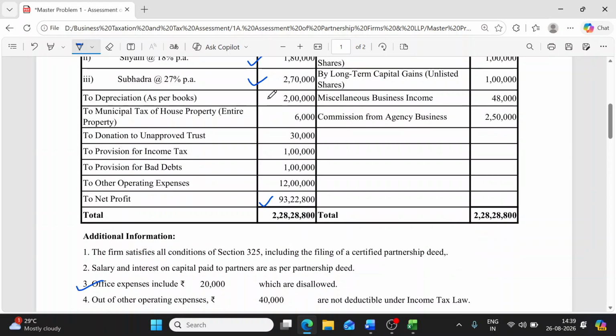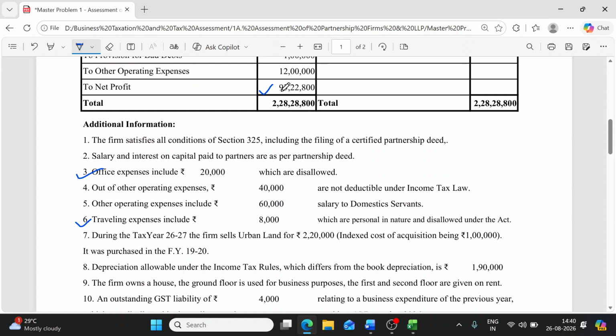So in the profit and loss account, depreciation deduction is taken for a value of rupees 2 lakhs, but I think there is an adjustment. The adjustment number is 8, and as per income tax rules, the depreciation can be claimed up to rupees 1,90,000. So whenever you find a mismatch in the depreciation figures, for a better tax treatment, do one thing.